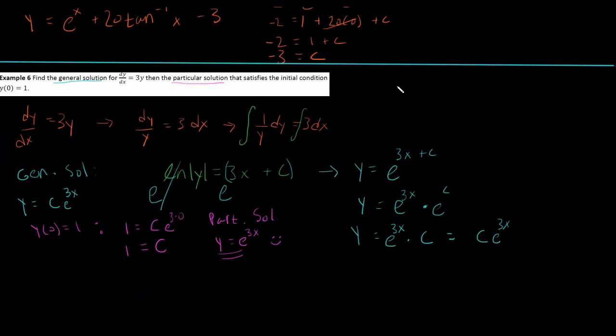Another way of thinking about solving these differential equations, or really anything where you're taking an integral and you have an initial condition, is: separate your x's and y's, integrate both sides, and then lastly solve for c.